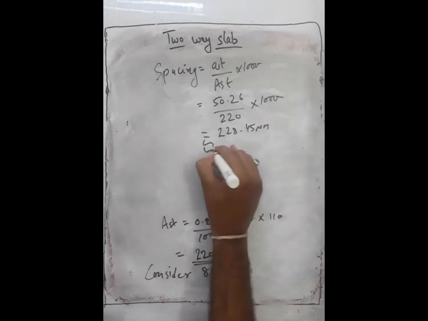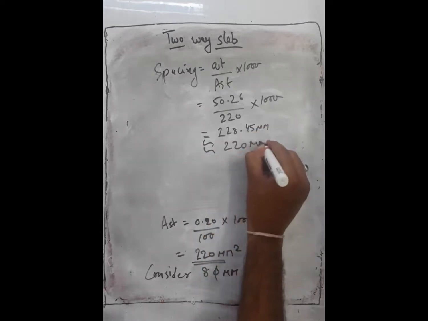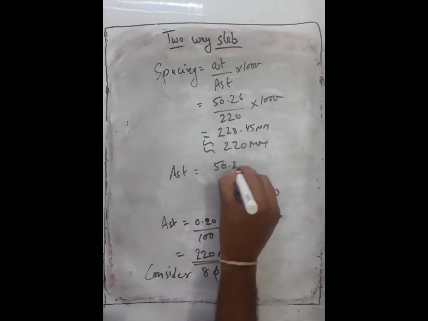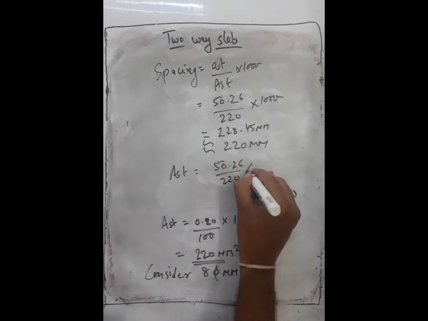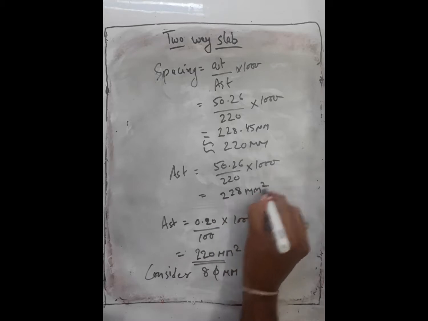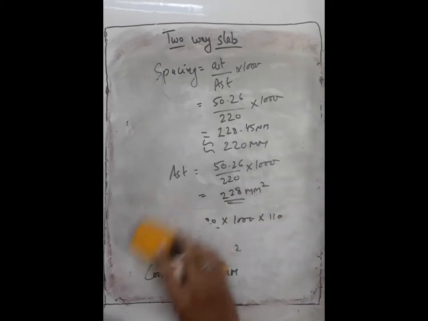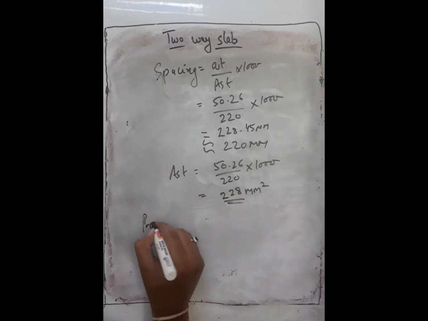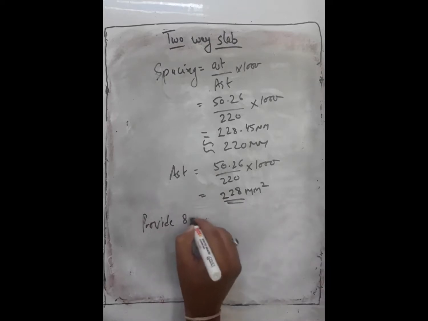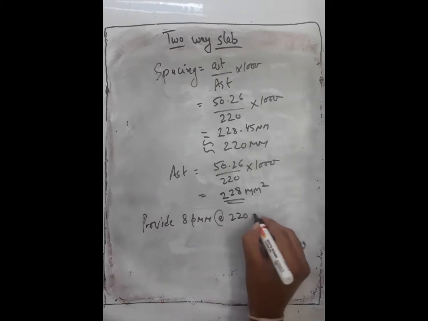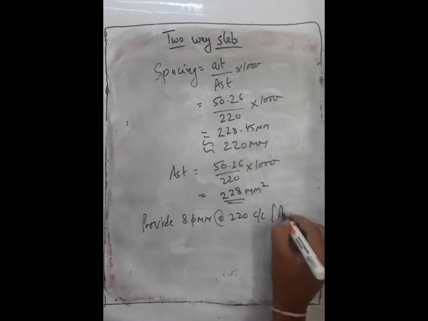So here we provided 220 mm spacing. So our AST is changed, 50.26 divided by 220 into 1000. So our AST is 228 mm square. So how we write this? We write this: provide 8 mm dia bar at the rate 220 center to center.